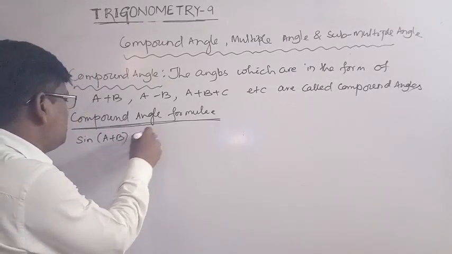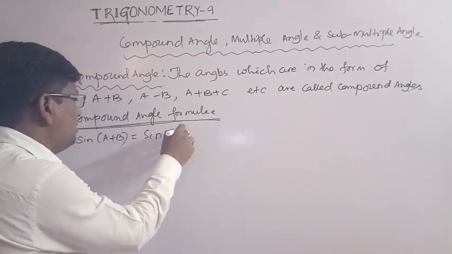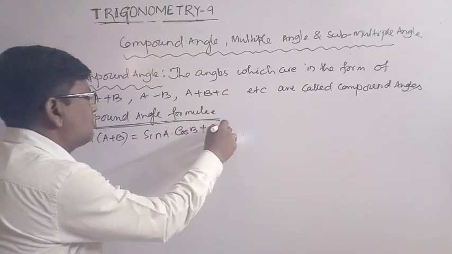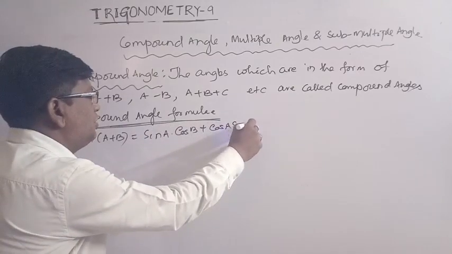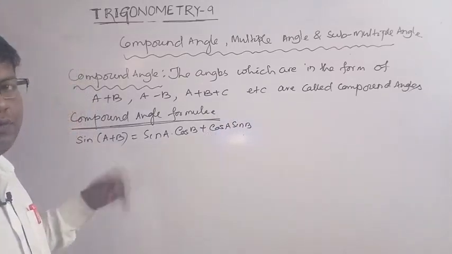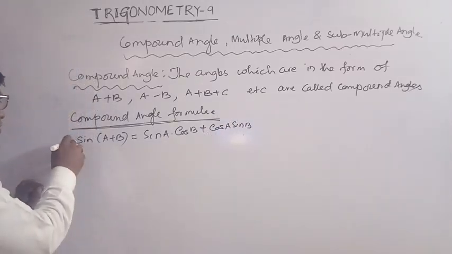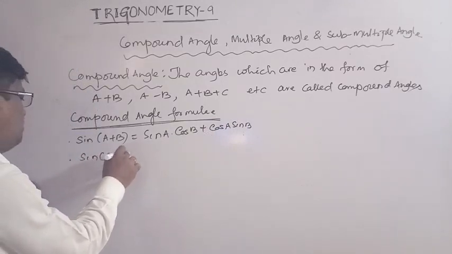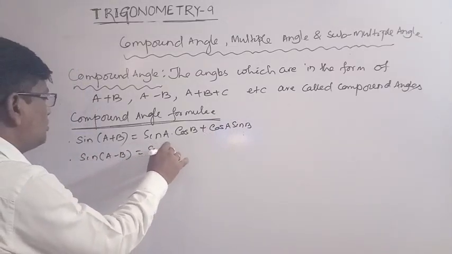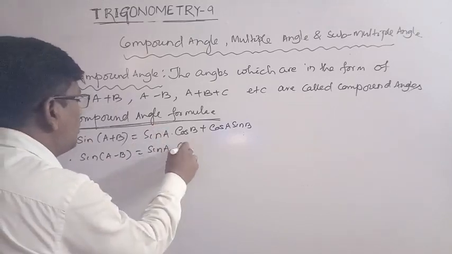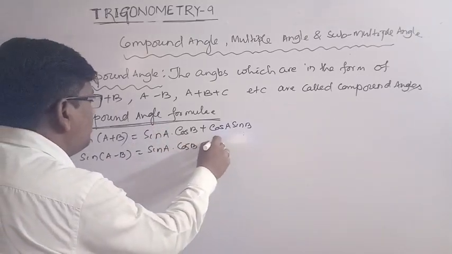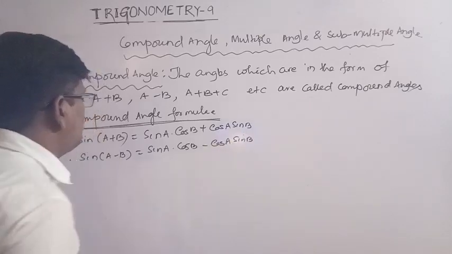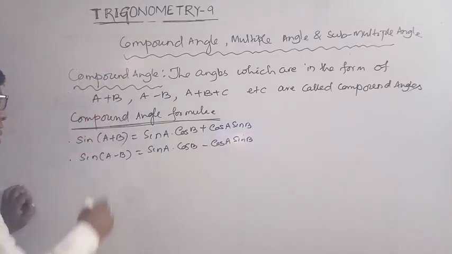Sin a plus b is equal to sin a into cos b plus cos a into sin b. The proof is in the 10th class book. Sin a minus b is equal to sin a into cos b minus cos a into sin b. This is also in 10th class.